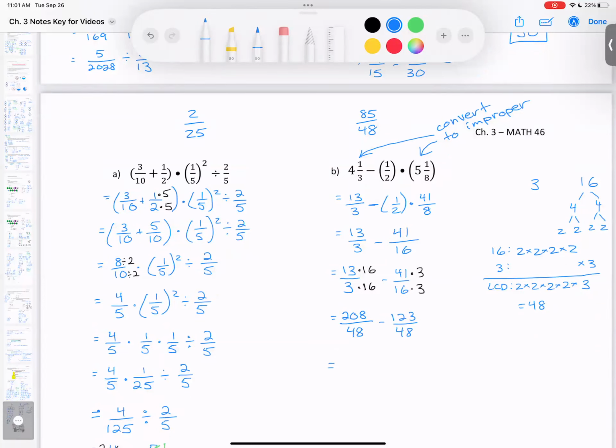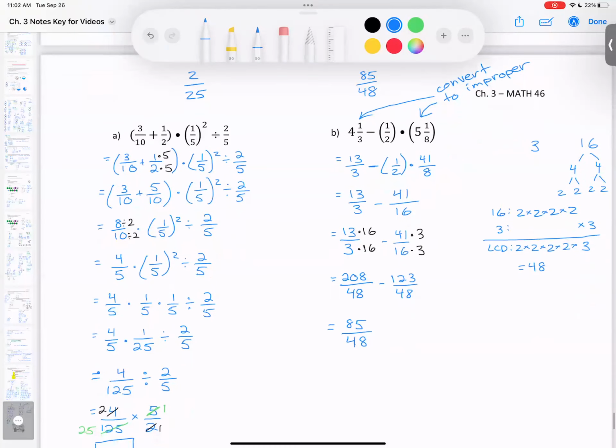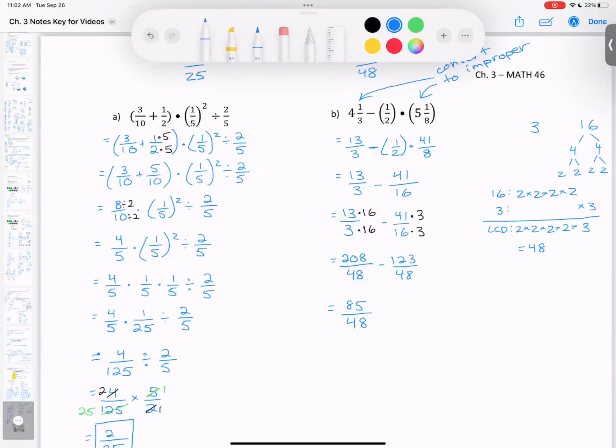So 208 minus 123 equals, I get 85 over 48. And if you weren't sure if those numbers could be reduced or not, go ahead and try to find a greatest common factor. You'll find the greatest common factor here is 1. They don't share any common factors, so there's no number we can divide by to simplify that fraction. So 85 over 48 is our final answer.